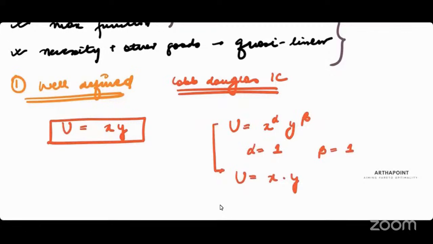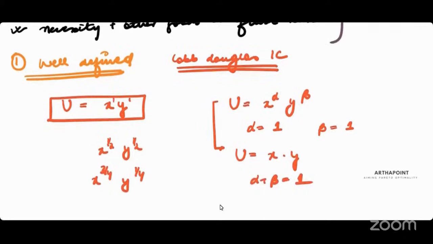You could very well have a utility function which says X to the power half, Y to the power half, or X to the power 3 by 4, Y to the power 3 by 4, etc. It may also not be the case that alpha plus beta is always 1. For example, here alpha plus beta is 2.